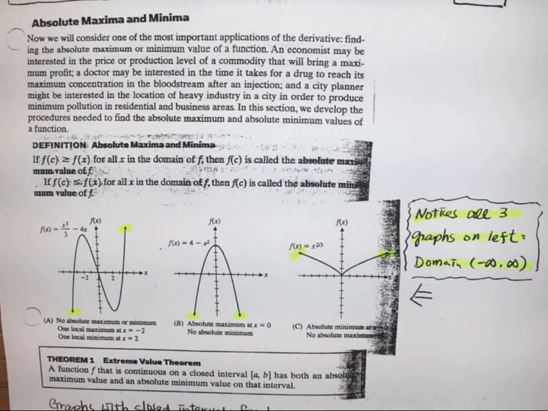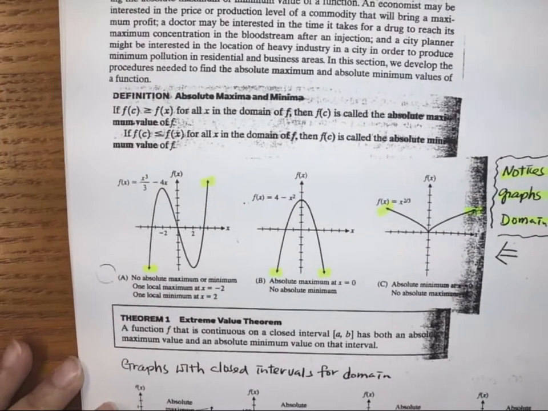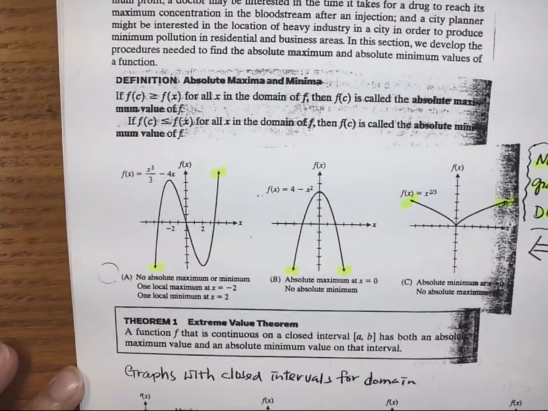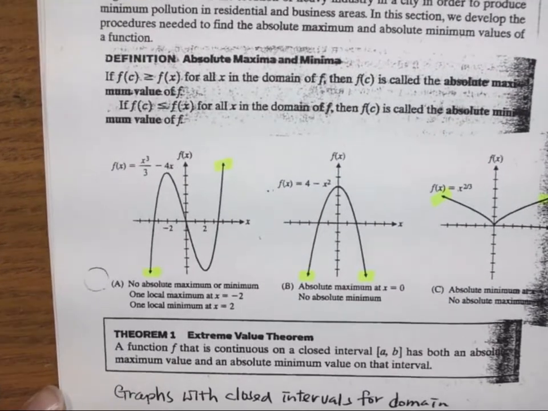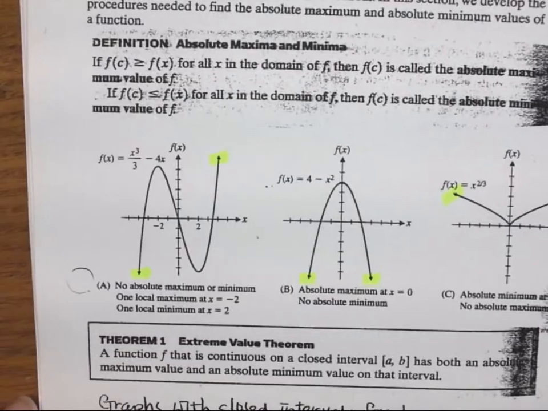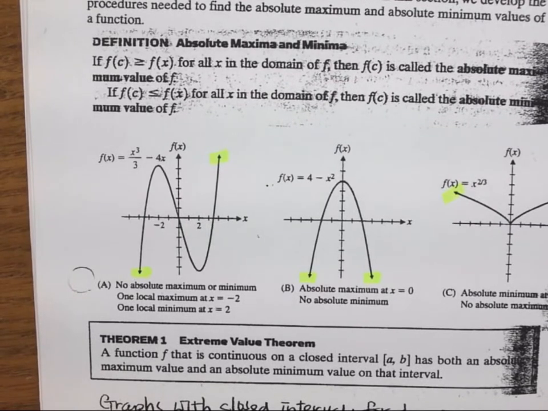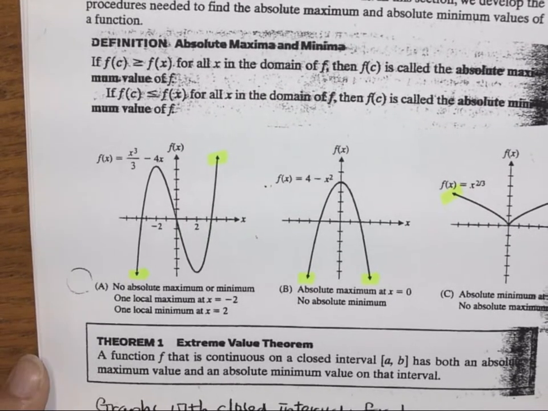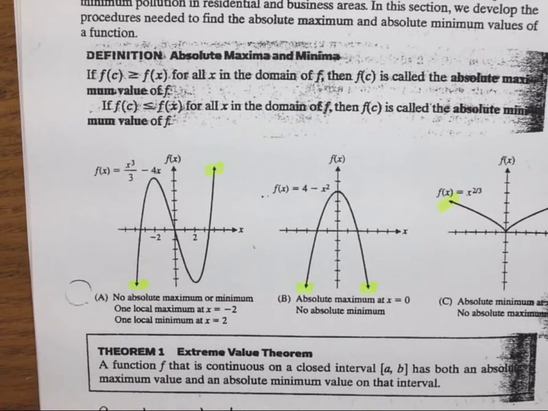When we look at these three graphs and want to find the absolute maximum and minimum, meaning the highest point and the lowest point of the graph, for the first one I have no absolute maximum or minimum.